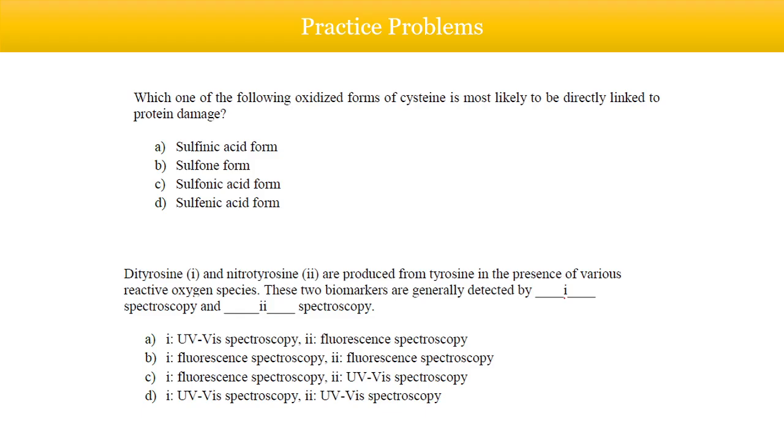Dityrosine has a very characteristic absorption band in the UV visible spectrum, due to which you can detect it in UV visible spectroscopy, whereas nitrotyrosine is a fluorescent molecule, and its presence can be easily detected using fluorescence spectroscopy.